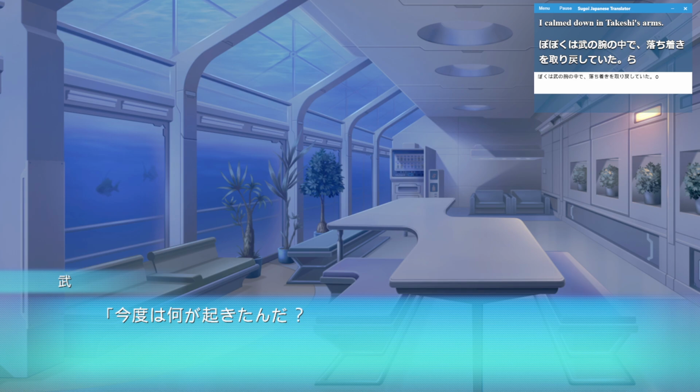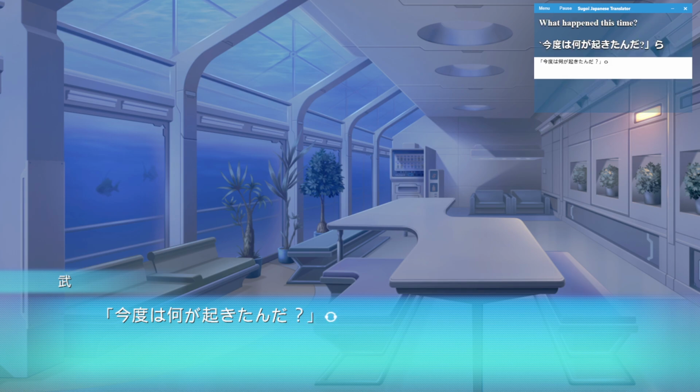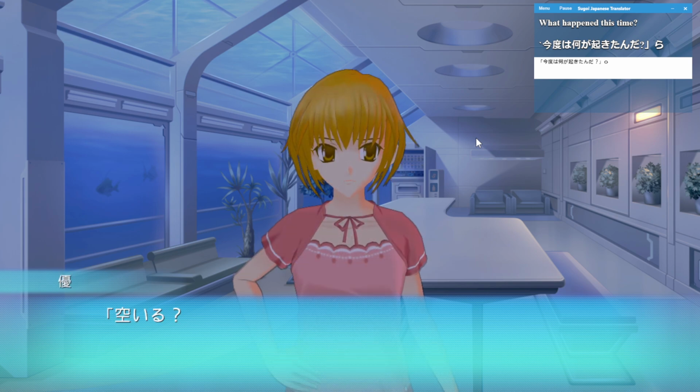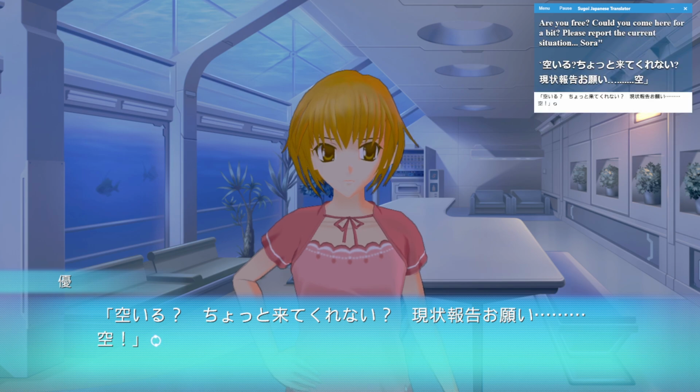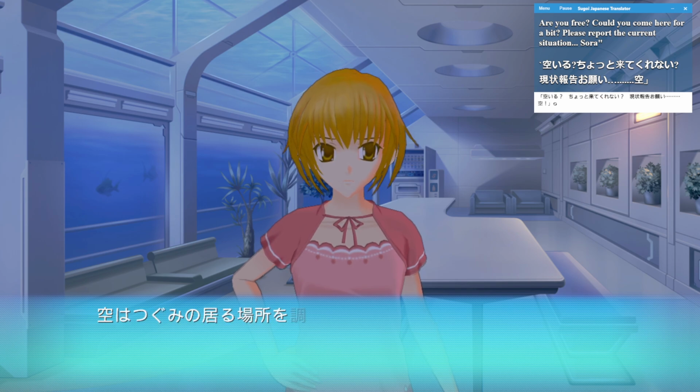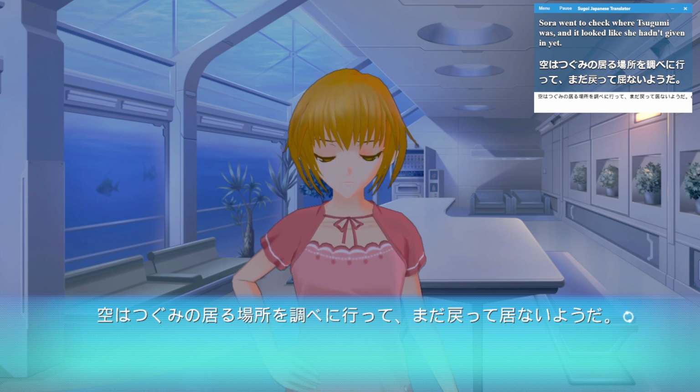What happened this time? Sora, could you come here? Please report the current situation. Sora. Sora went to check where Tsugumi was, and it looked like she hadn't given in yet.